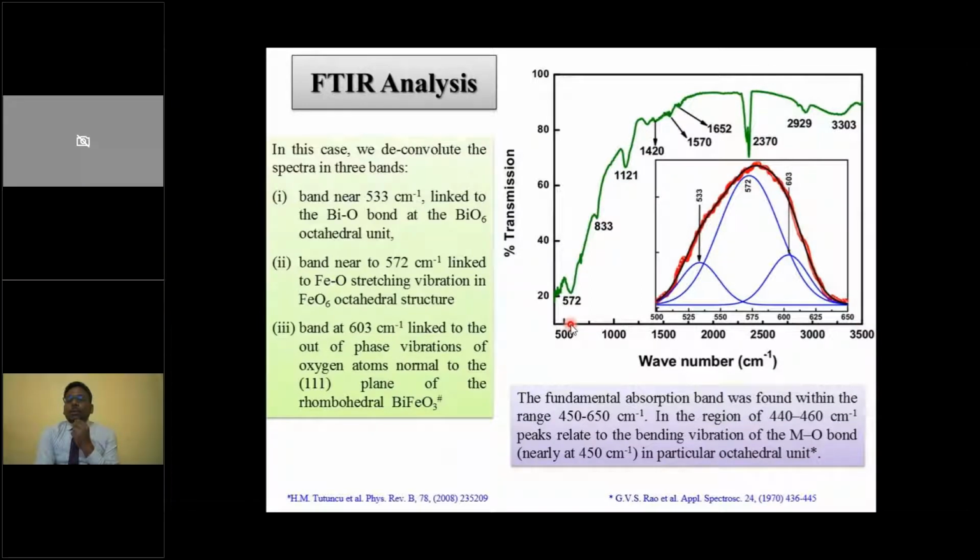Okay, when we try to deconvolute this spectra, we get three peaks that are merged together.